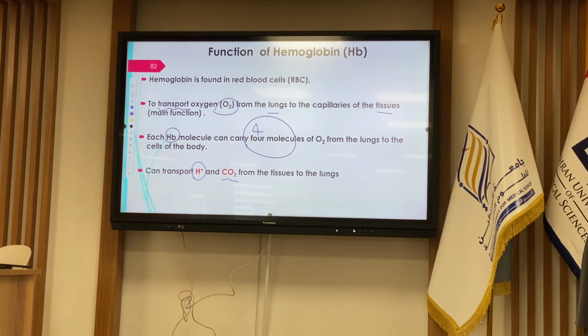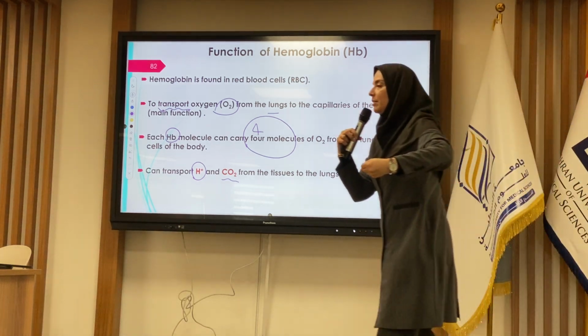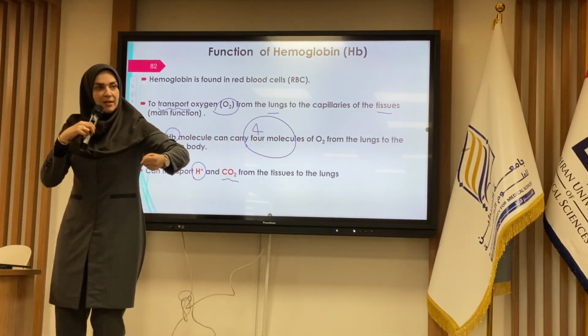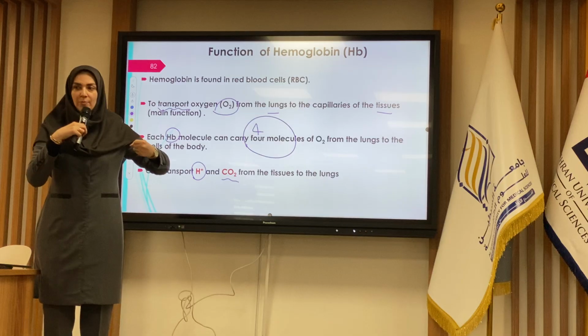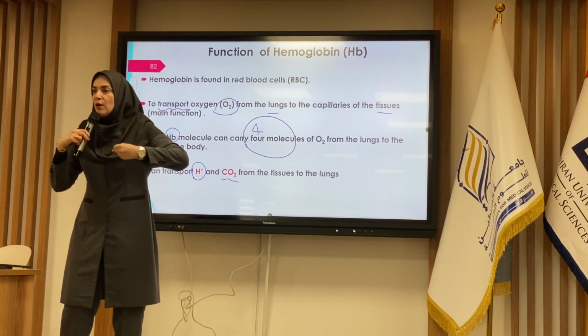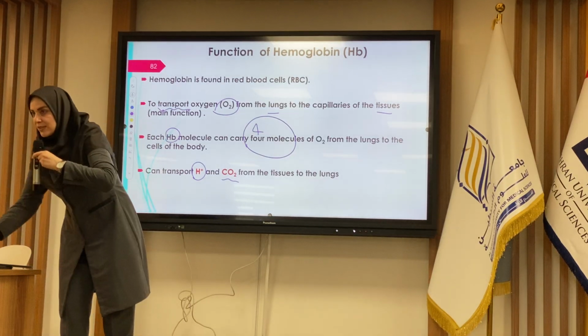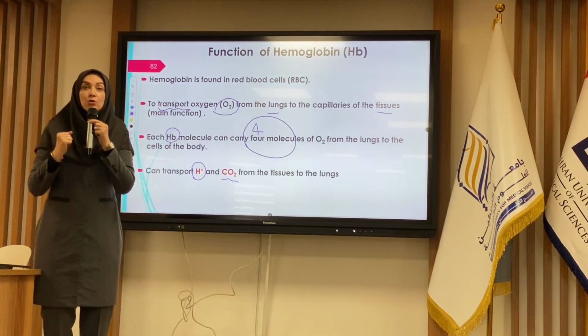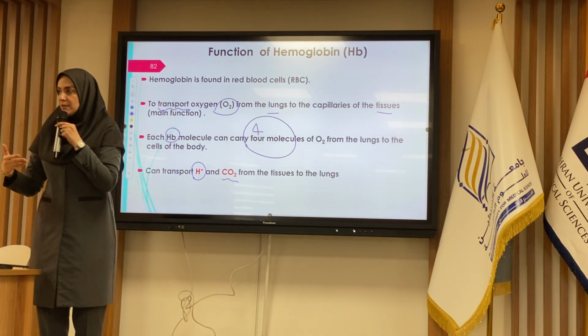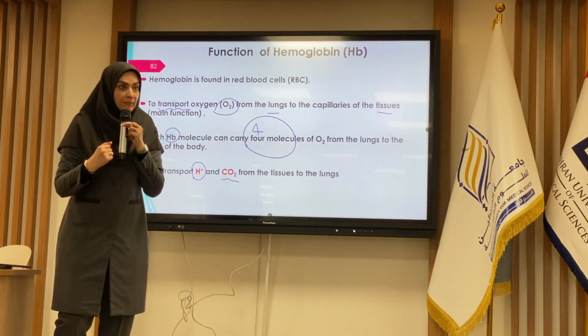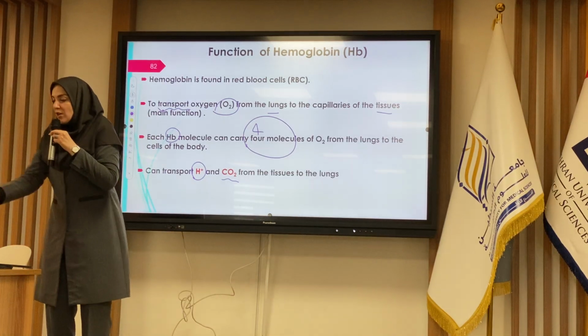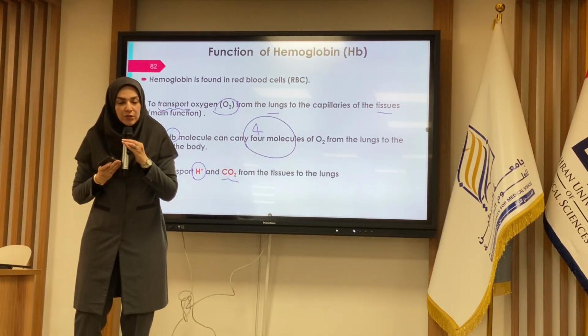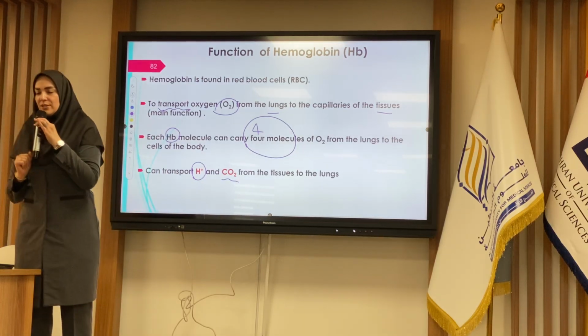What is my role? I want to transfer to the tissue. For example, I want to reach the muscle. What is the role of hemoglobin here? I want to release the oxygen. Am I right? Because you have active tissue. For example, you have severe exercise. You are running. You have to provide the oxygen. So you release the oxygen.